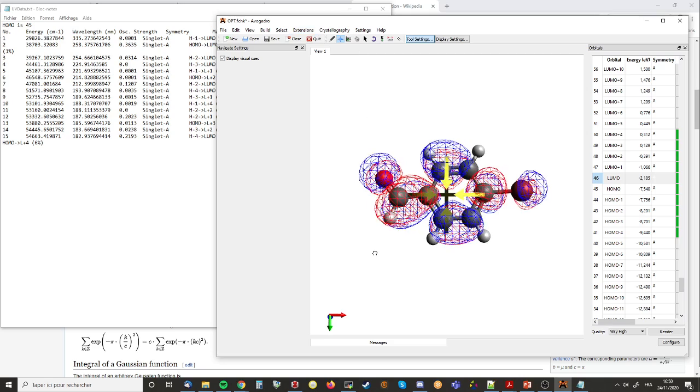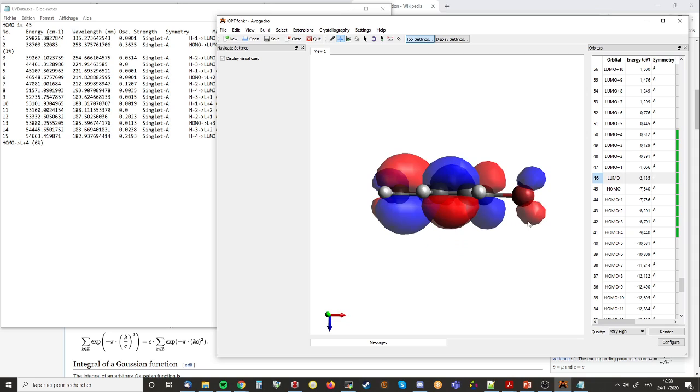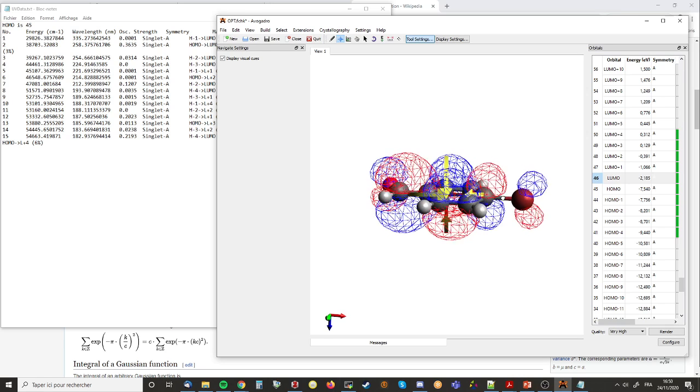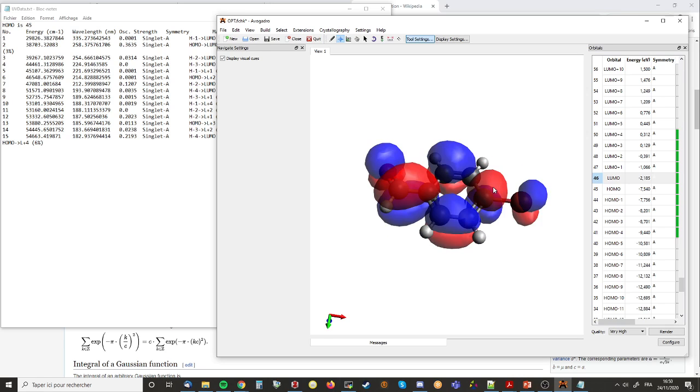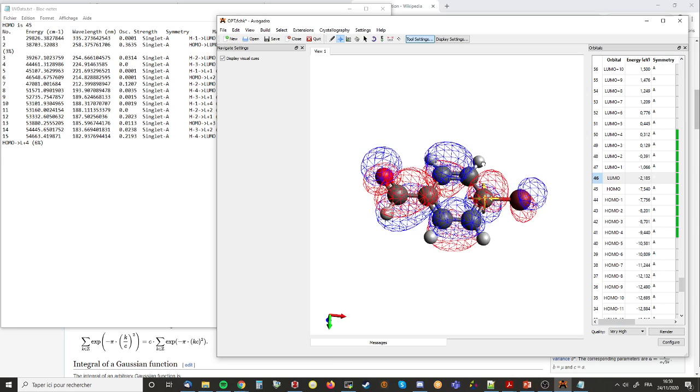Well, okay. So what do we see here? We have a p orbital, because in the same atom we have two signs, and this is also a p orbital, and here the two signs are opposing, blue, red. That means that here we have an anti-bonding interaction between this atom and this atom. It's also a change in sign.